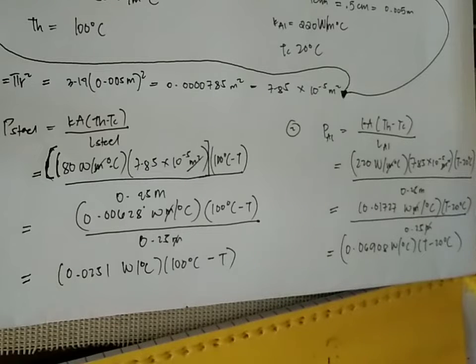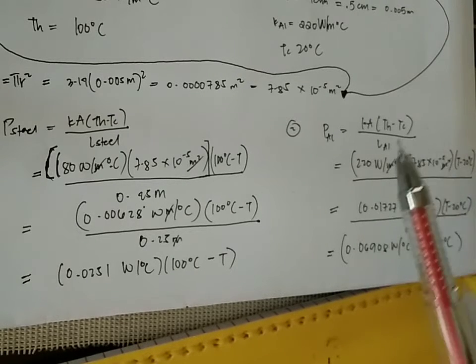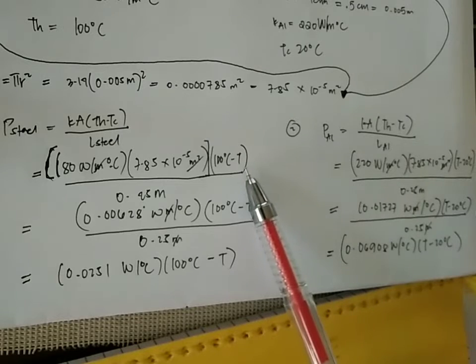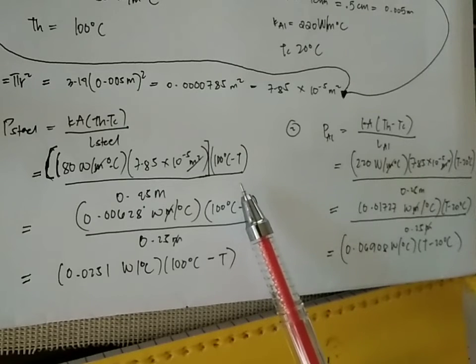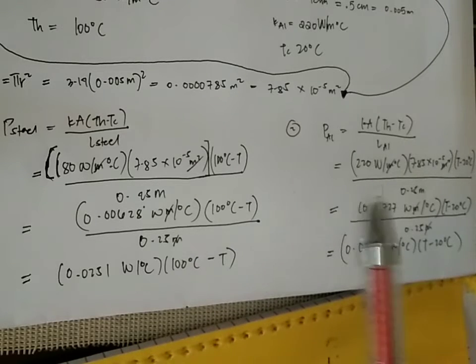So substitute the known values: 80 watts per meter degree Celsius multiplied by 7.85 times 10 to the power of negative 5 meter squared, multiplied by 100 degrees Celsius minus T, since the T_C of the steel is unknown, all over 0.25 meter.